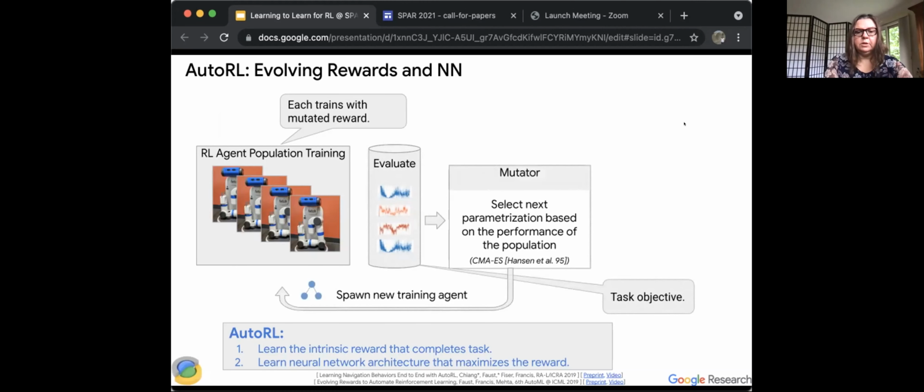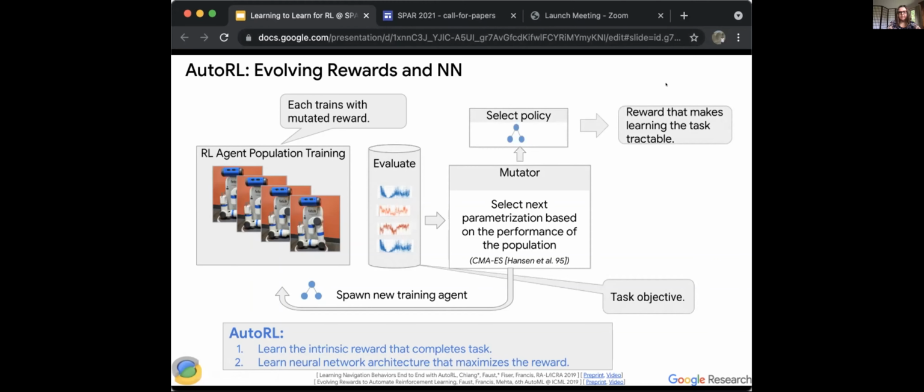Then this goes into the mutator agent that observes, given the weights of the agents and given the outcomes, what the next weights should be that should be tried, and spawns off the next agent for the rewards. From there we can select the best policy and the best reward.